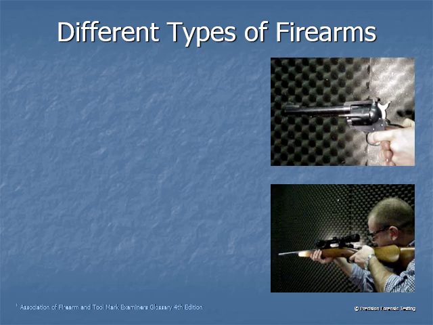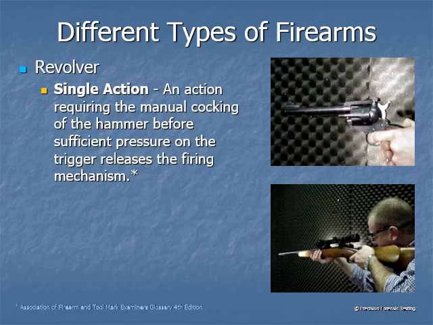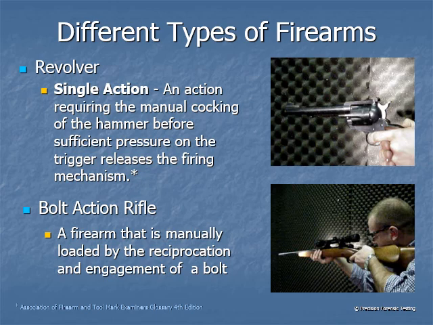Then here again is a single action revolver, where the action requires manual cocking of the hammer, and the pulling of the trigger only releases the hammer so that it can hit the bullet. The bottom case here is a rifle, obviously not a handgun like we've seen.